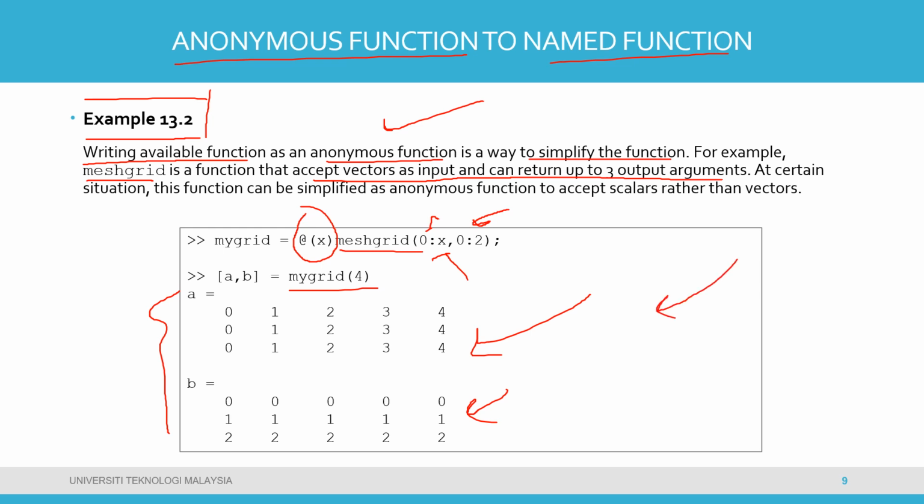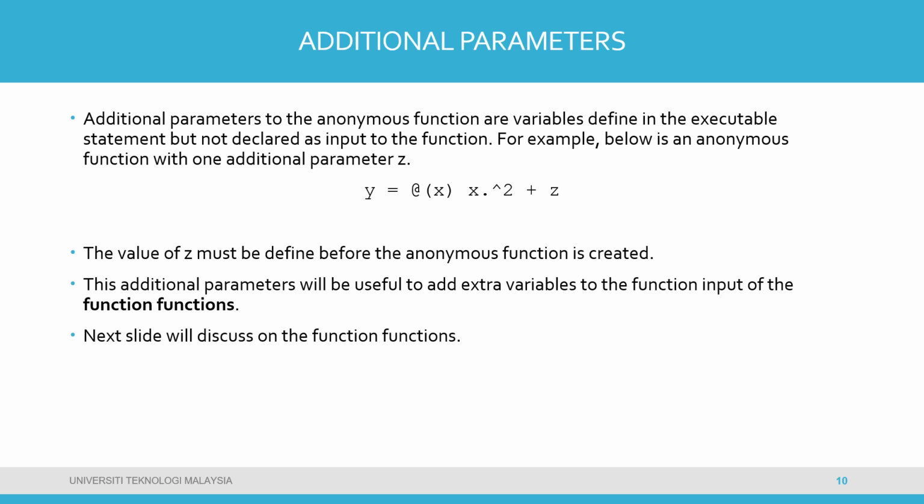in your Matlab. Another advantage of an anonymous function is to have additional parameters. Additional parameters to the anonymous function are variables defined in the executable statement but not declared as input of the function. You can see here z is not declared, but the value of z must be defined before the anonymous function is created.